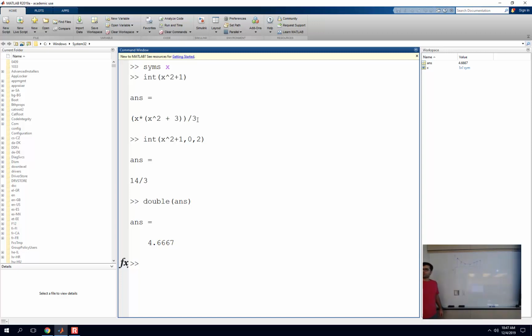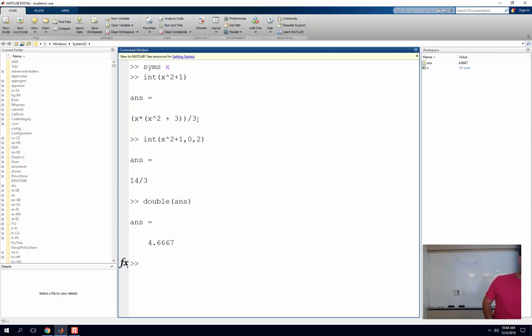Right? I can use the trapezoidal rule to calculate the area, right? So basically, the area under the curve can be calculated with the trapezoidal rule.